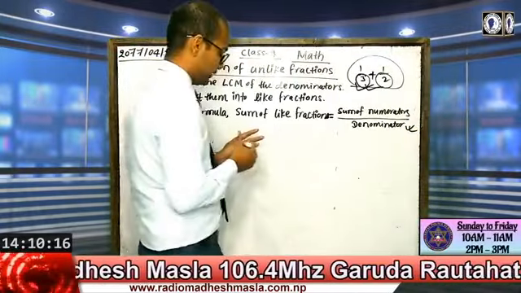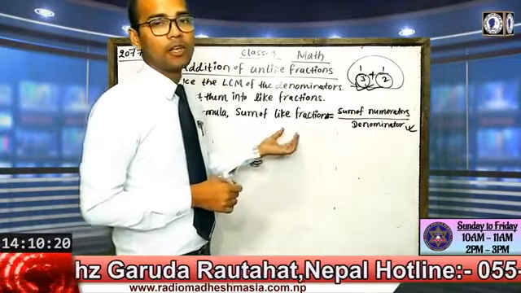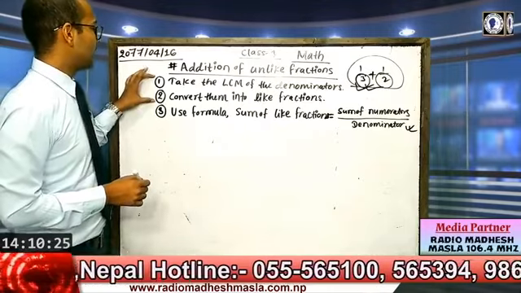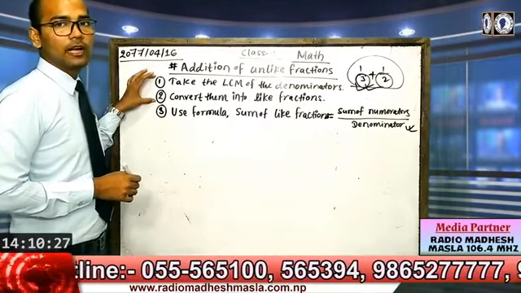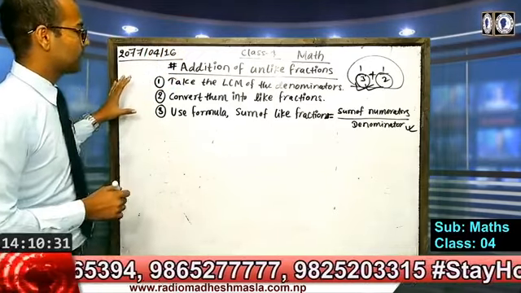We already discussed this formula in our previous classes. So this is the third rule. We have three rules for the addition of unlike fractions.